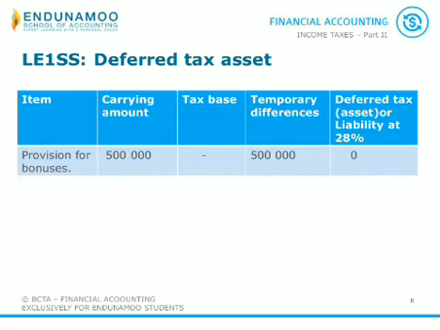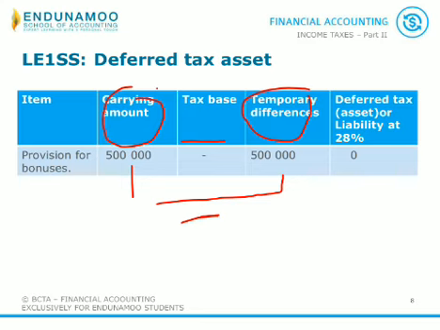Okay, draw annotation. So then we do a quick calculation where we say your carrying amount minus your tax base, and then we arrive at the temporary difference. So remember when we did our quick recap, we said that where the carrying amount of the liability, in this case the provision, is greater than the tax base, then we're going to land at having a deferred tax asset.